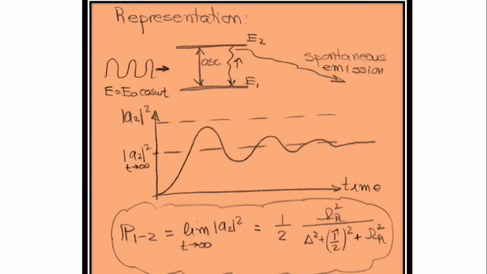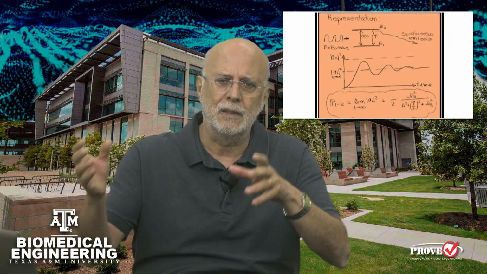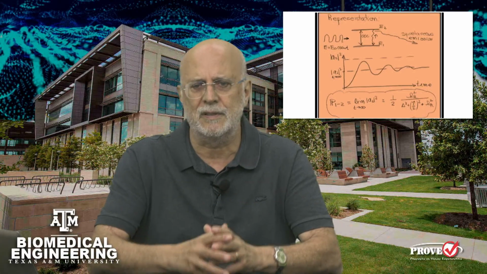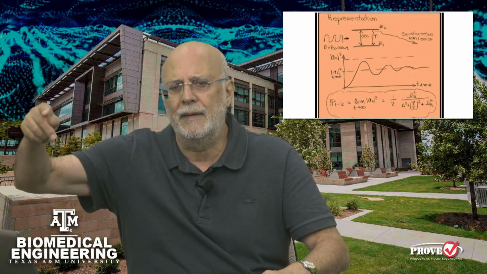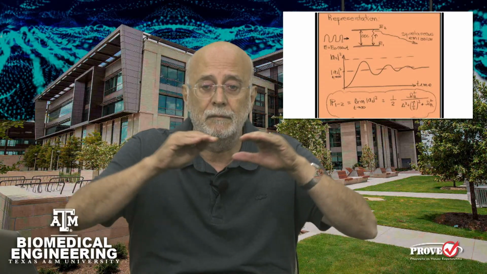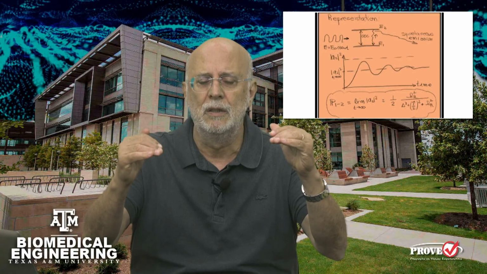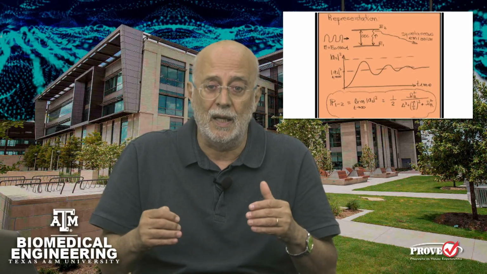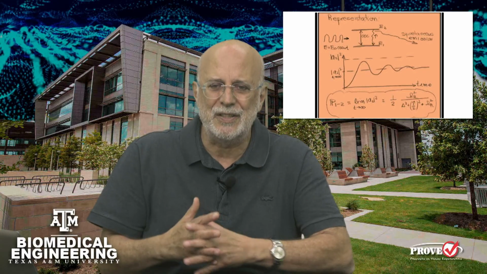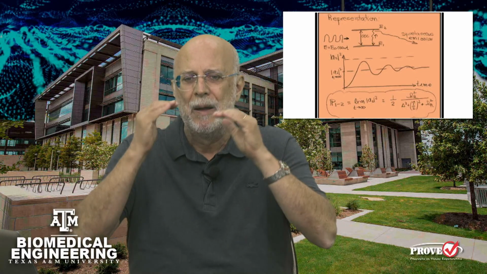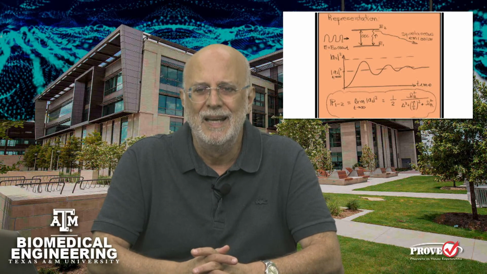So if I really look at what happens when I turn on the interaction of the light, classical light, with the quantum system, it oscillates in the very beginning and then damps out and stays at a value. And this value represents the end of the oscillation. That is what we call the stationary probability of the transition, let's say the stationary absorption probability.